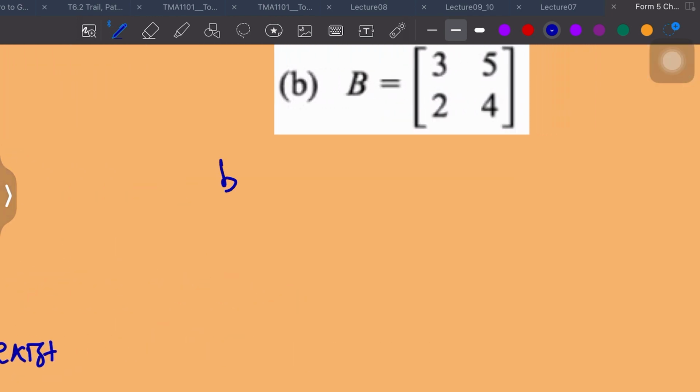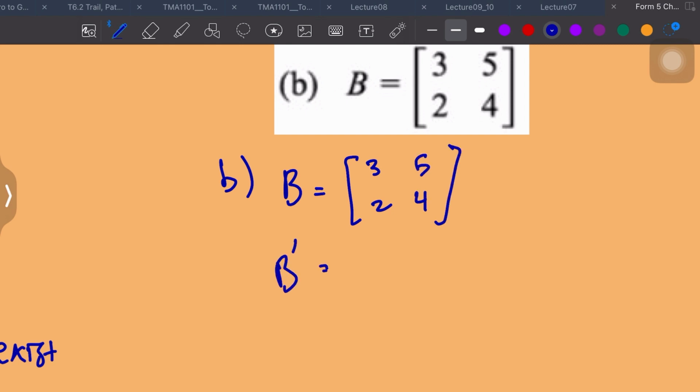Question B is equal to 3, 2, 5, 4. After inverse, 4, 3, negative 5, negative 2.